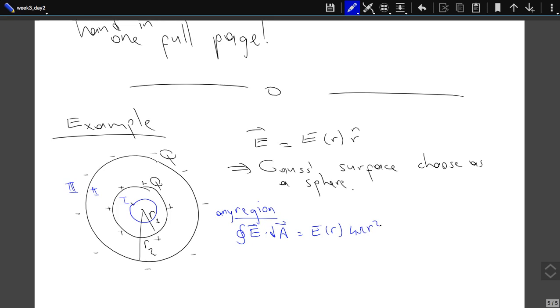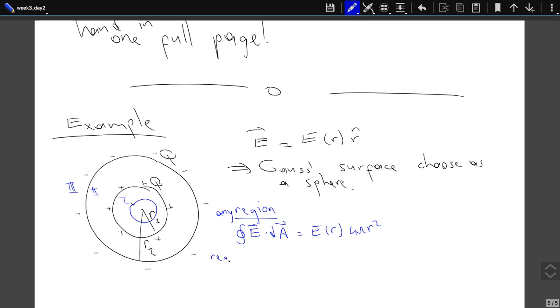You can just go over our previous derivation. E and dA are in the same direction. E is given by this expression, dA is dA times in the radial direction. So the scalar product will be just E of R, the electric field, times the integral of dA, which just brings me the 4 pi R squared.